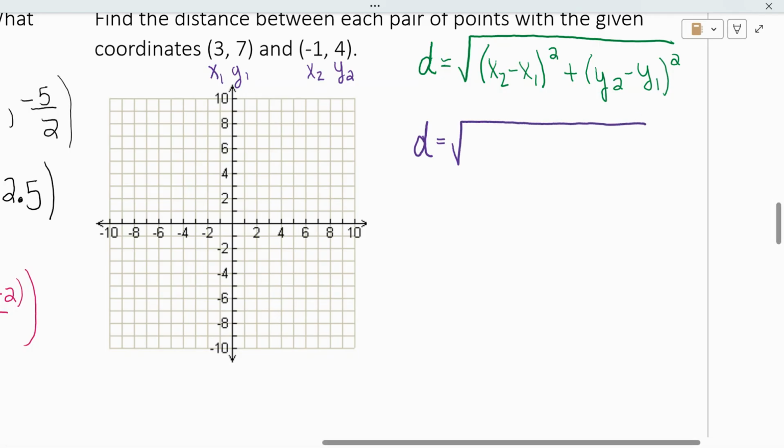What number am I substituting in for x sub 2? -1. Perfect. Minus. What number am I substituting in for x sub 1? Perfect. -3, close my parenthesis, squared, plus. What number am I substituting in for y sub 2?